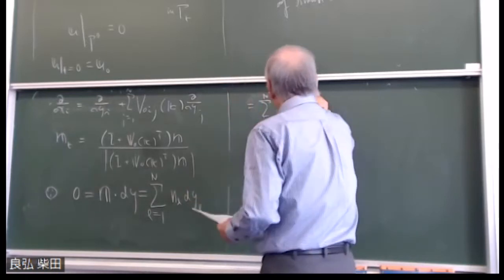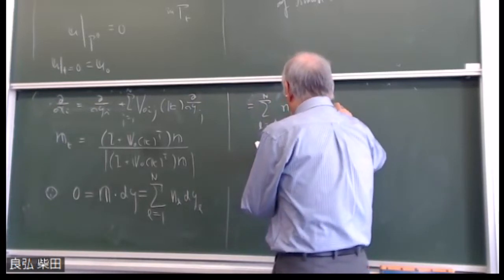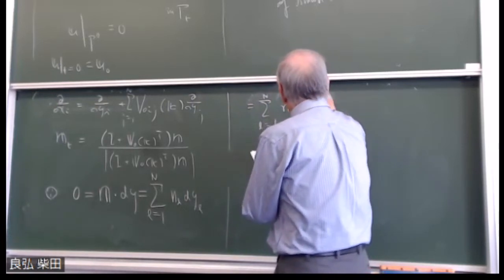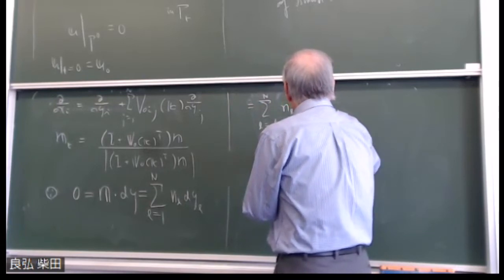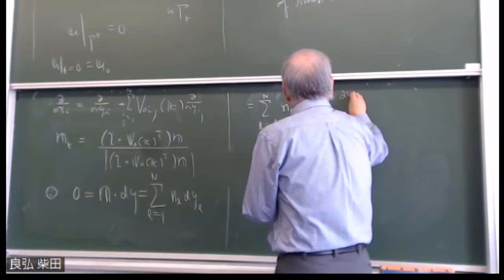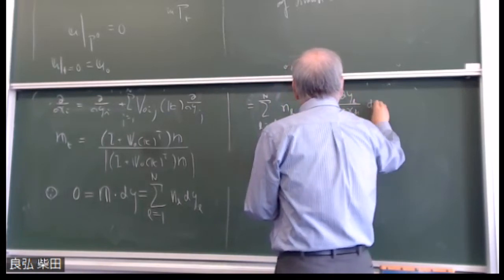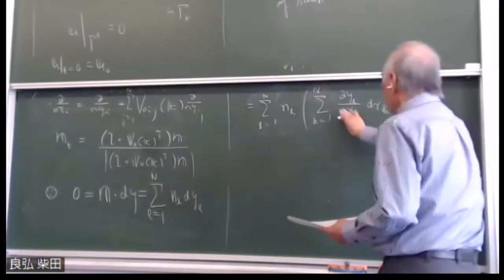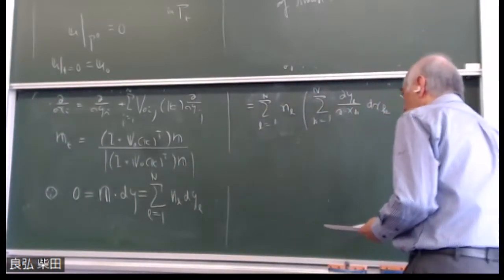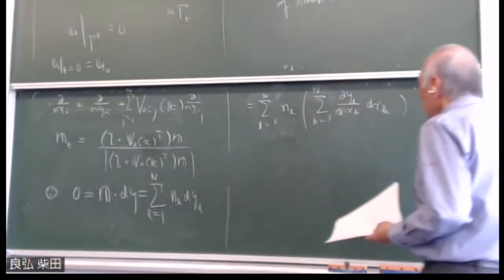dy, dx. Therefore, sum over j, l, k equals 1 to n, dy_l/dx_k dx_k. dy_l is changed in this way.